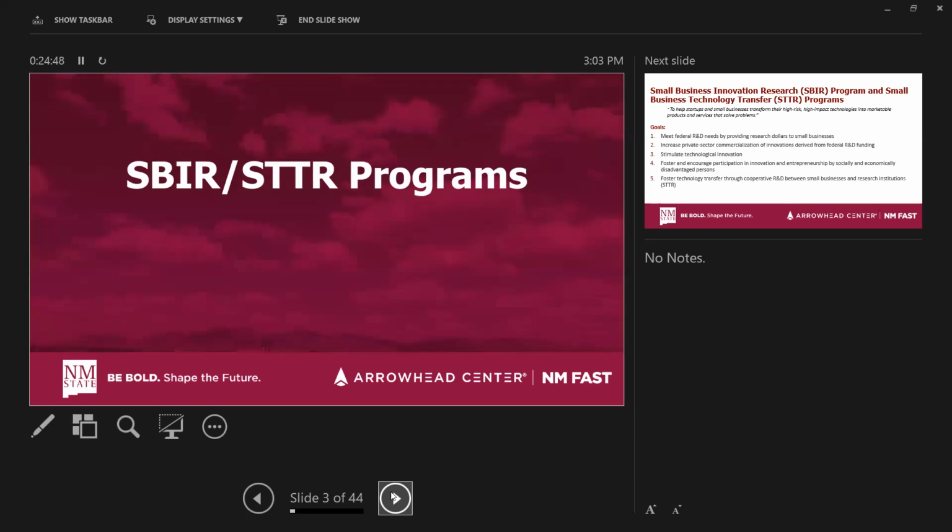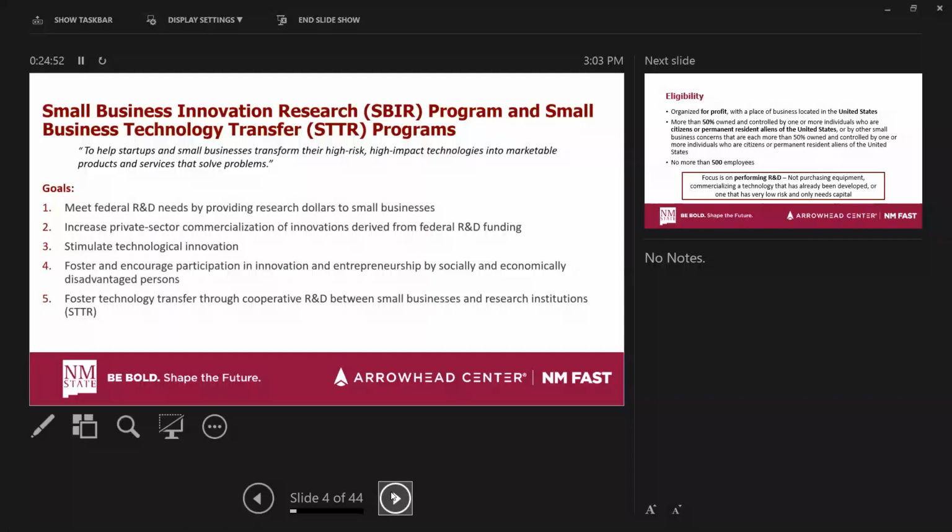So getting right into the SBIR and STTR programs, what are they? At the base, they're really designed to help startups and small businesses get your high risk early stage technologies closer to commercialization. SBIR is Small Business Innovation Research, and STTR is Small Business Technology Transfer. We'll talk a little bit about the differences between those two programs, but we often refer to them as sister programs for a couple of reasons.